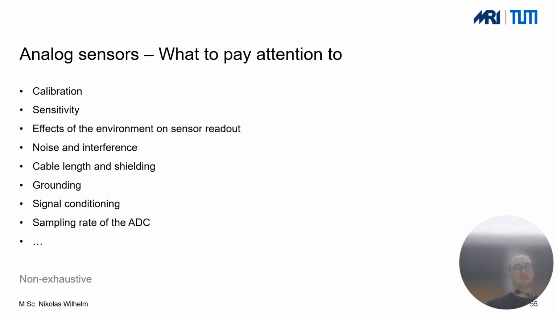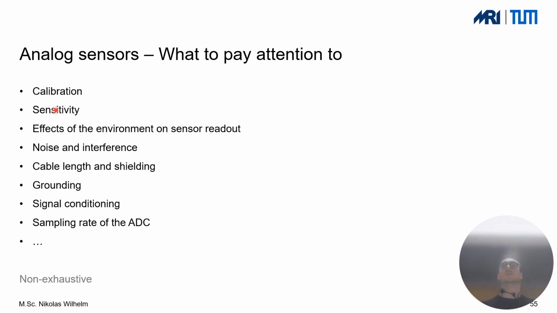And then, of course, what do we need to pay attention to in the end? For one thing, we need to map between the respective resistances and our actual output angle. That is the calibration part. How does our output voltage change over the resistance, and how does the resistance change over the respective angle?